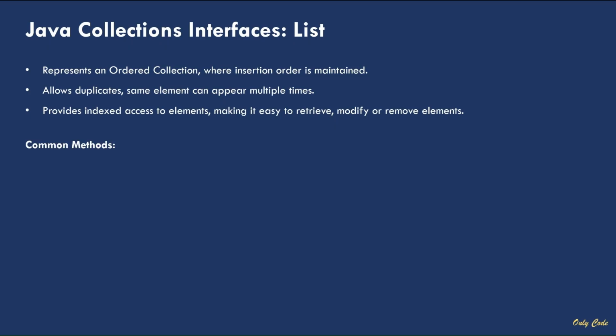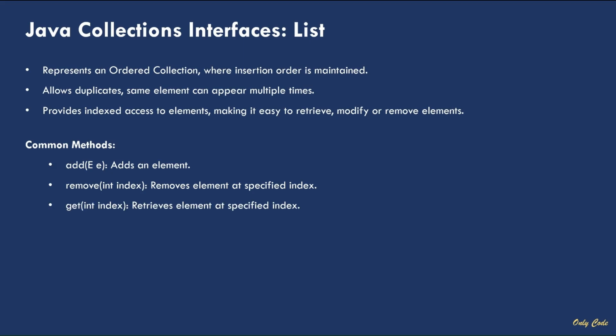Some common methods in the list interface include add, adds an element to the list. Remove, removes the element at the specified index. Get, retrieves the element at the specified index. Set, replaces the element at a specific index.